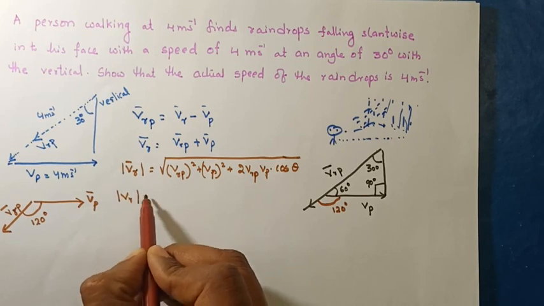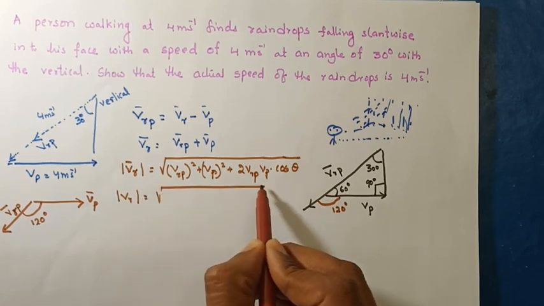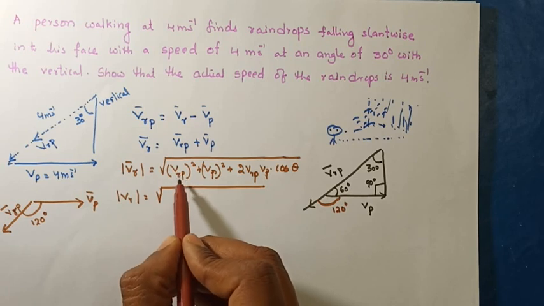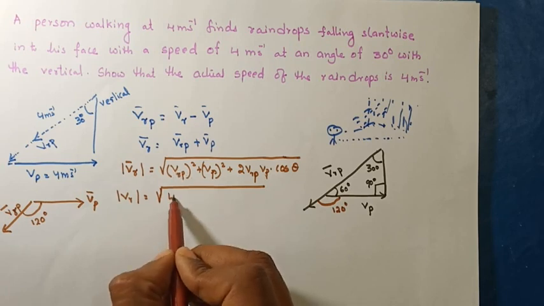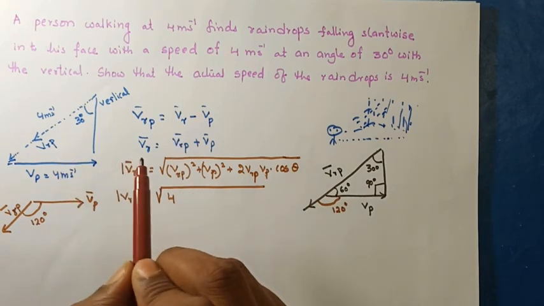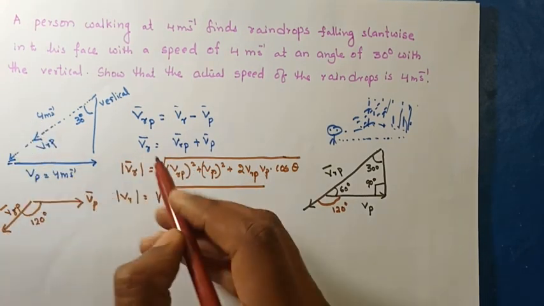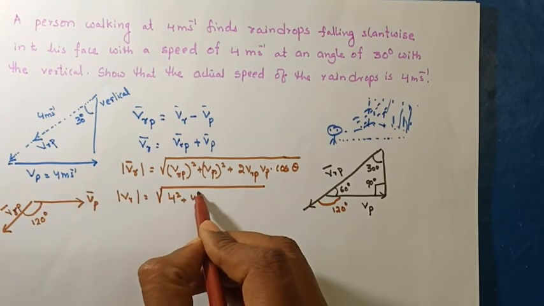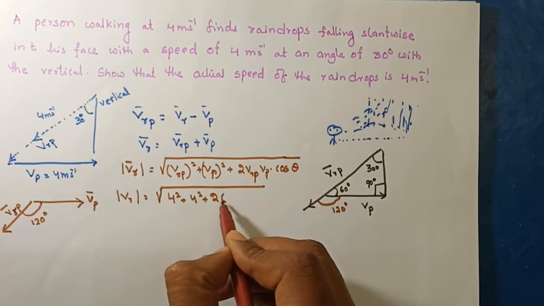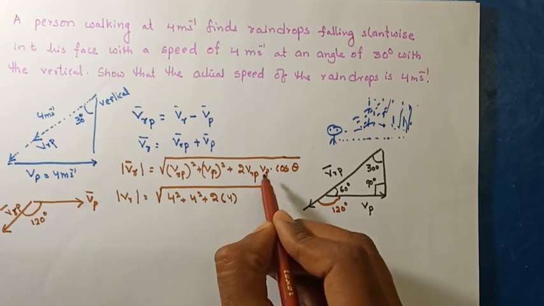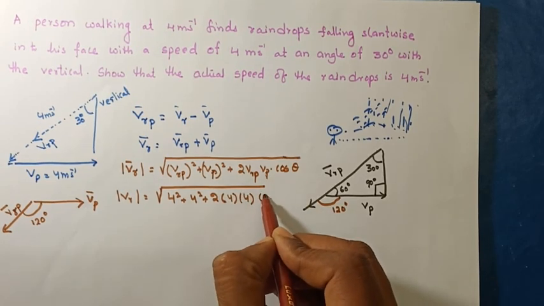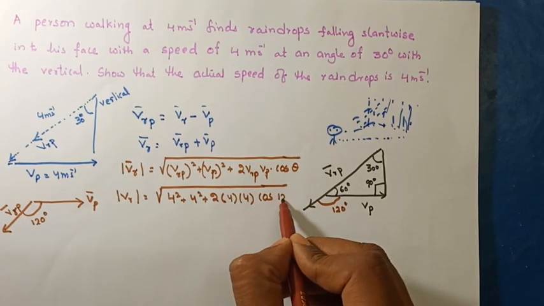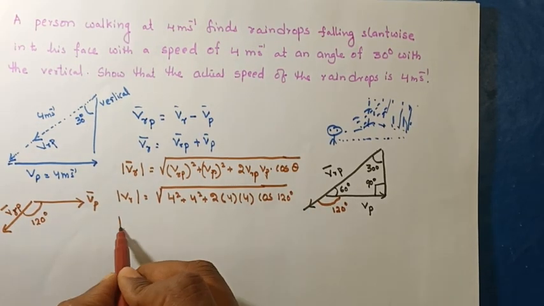Magnitude Vr is equal to, now these are the magnitudes, 4 square which is given in the problem, 4 square, Vp which is also 4 square, 2 into 4 into 4 cos, what is the angle between the two vectors? 120 degrees.